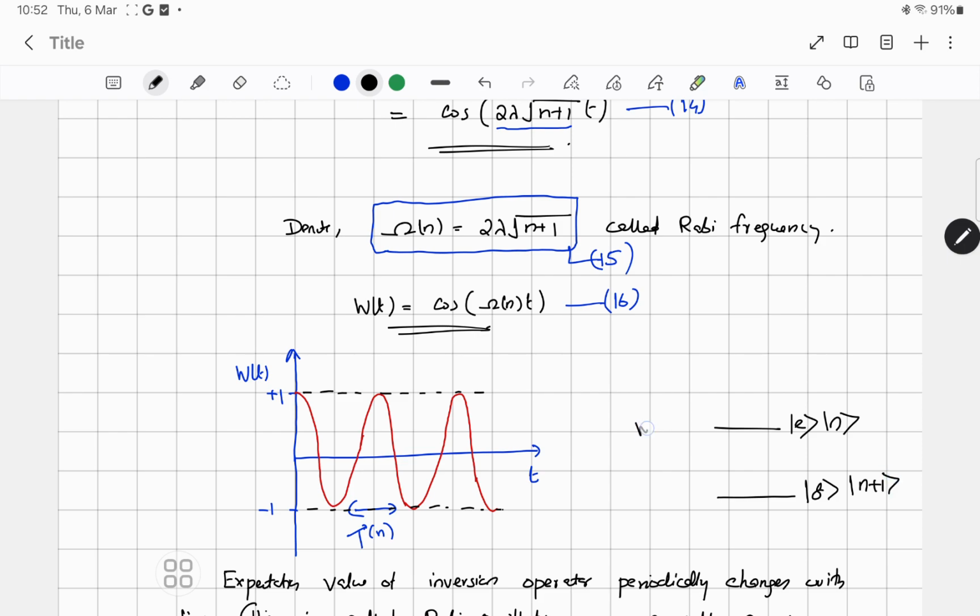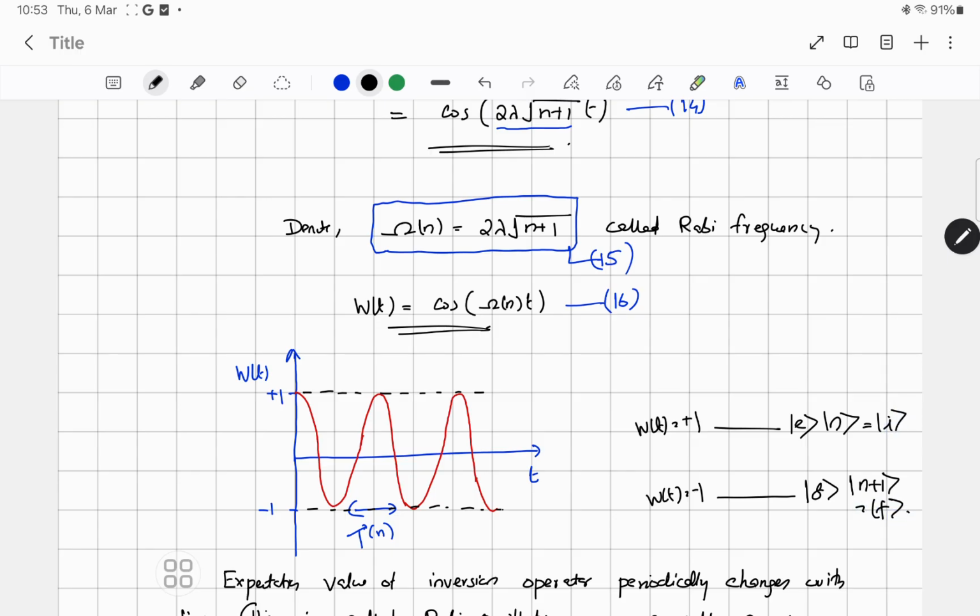But W of t varies harmonically between plus 1 and minus 1, so for most of the time it is in between. That means the system would be in a superposition of these two states for most of the time.